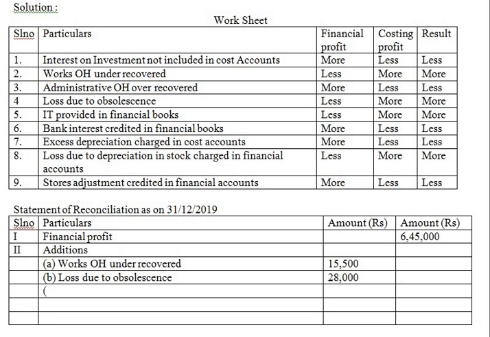Next comes income tax provided in financial books, and the amount is 2 lakh.